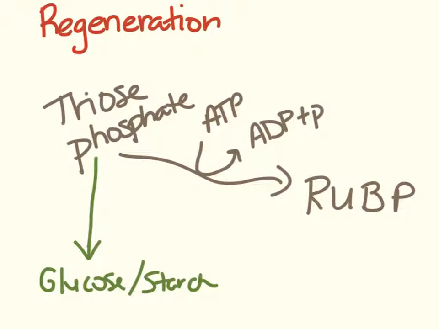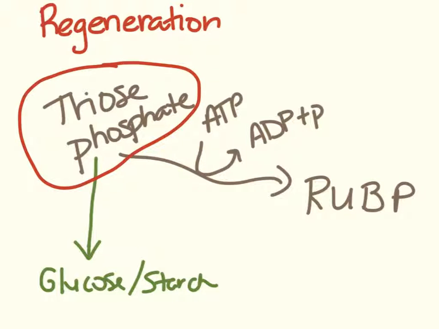In the third step of the Calvin cycle, or the light-independent reaction, we have our triose phosphate that was formed at the end of the reduction phase, and that triose phosphate has 2 different possible roles. One of those roles is that some of the triose phosphate is going to be utilized to make our glucose molecules, our end product, which will actually probably end up becoming a long chain, a polymer, which we refer to as starch.